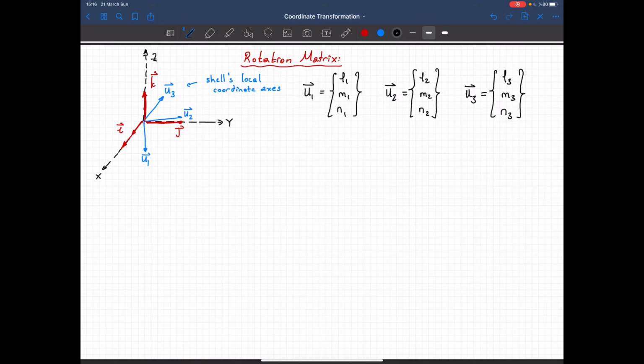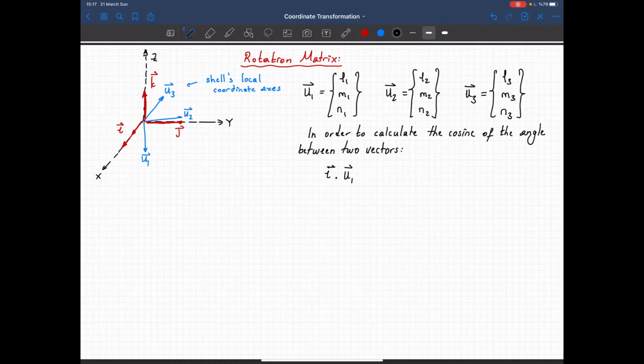Now, in order to calculate the cosine of the angle between two vectors, we use the dot product, right? Let's say I want to calculate the cosine of the angle between I and U1.